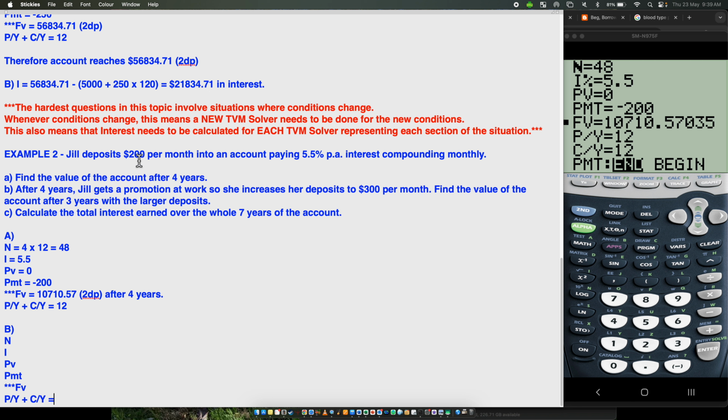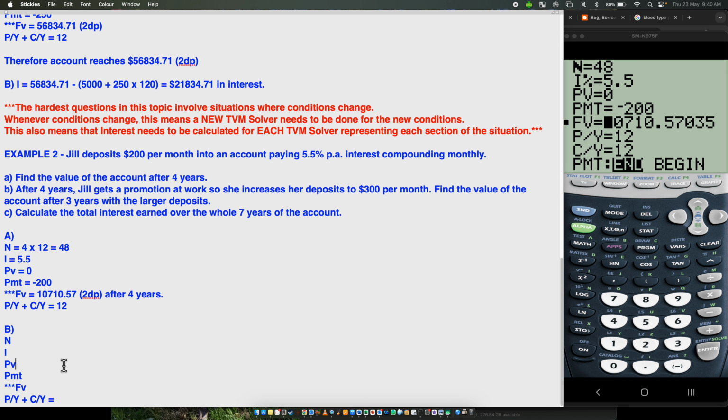Is Jill doing $200 for the whole 7 years? Have the conditions changed? Every change of condition, I need a separate TVM. So we've already done one. Now my question to you is, where does this next TVM start? Does it start off as 0 again? That's the point.